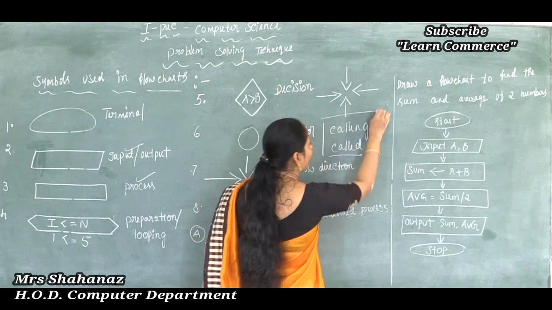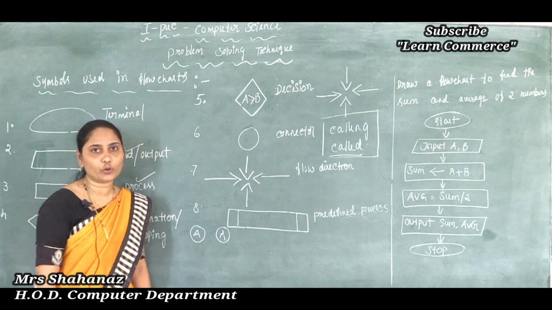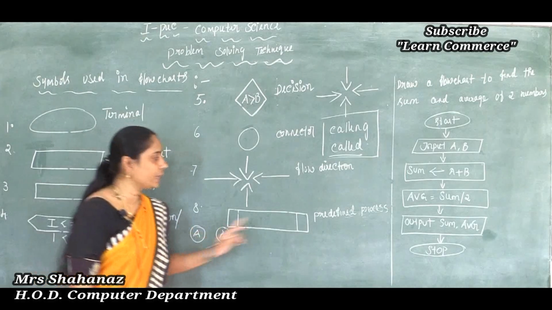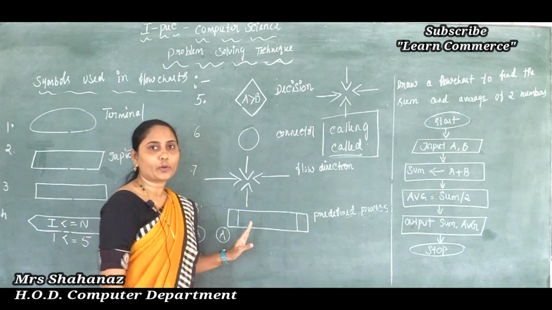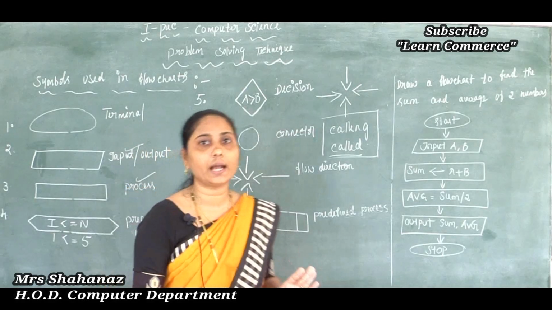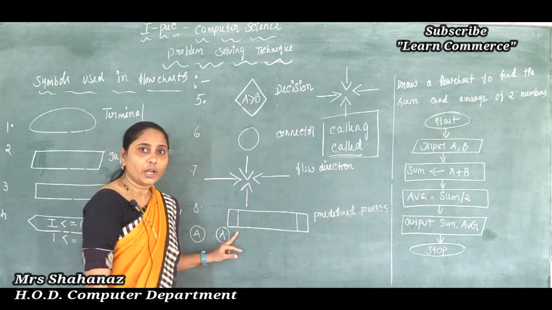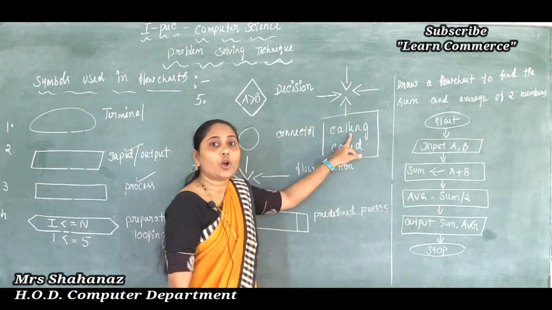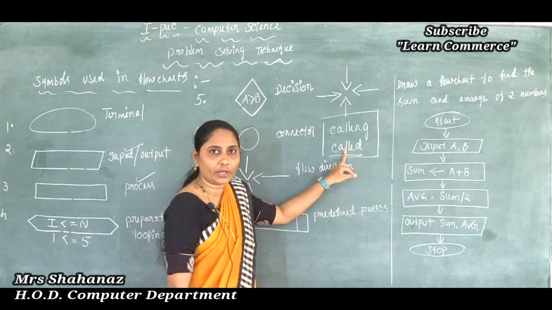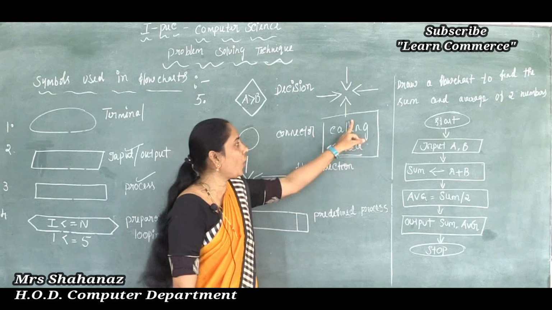Clear this point? In this program we need to use one symbol, the predefined process symbol. This is called the predefined process symbol. This symbol is used to represent a function or group of operations, the calling and the called.